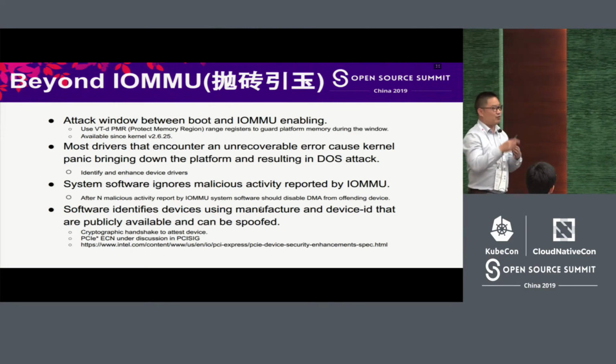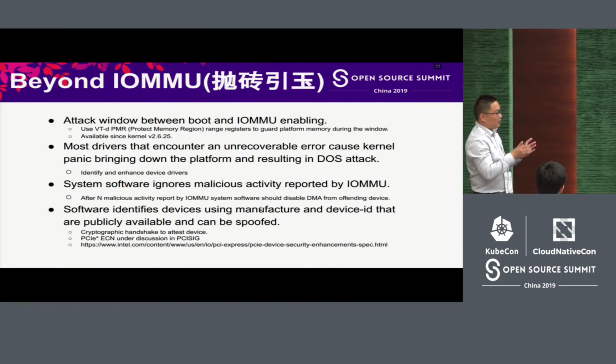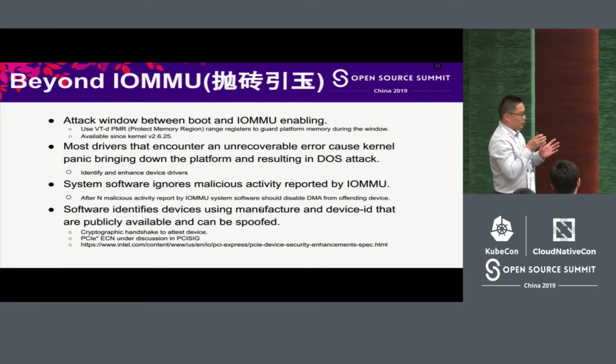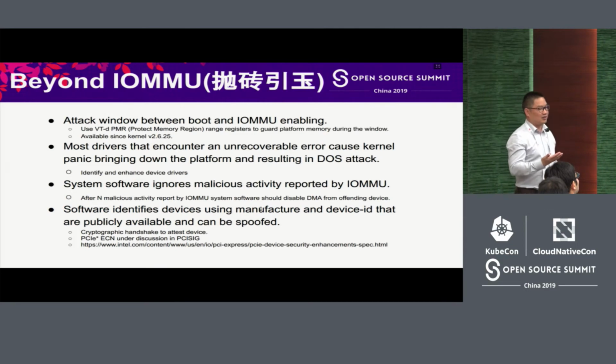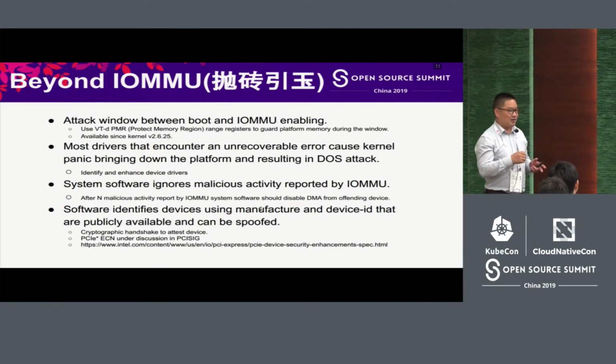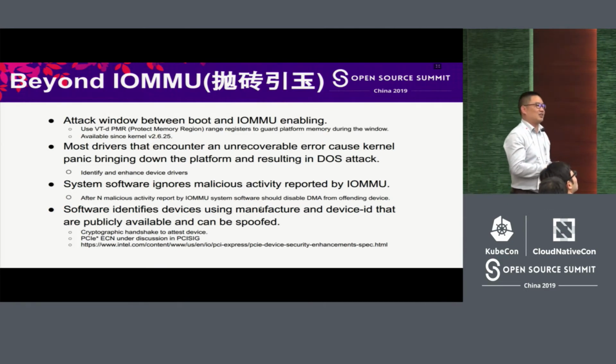Many of the drivers, when they encounter an unrecoverable error, will trigger unrecoverable errors, because they think the device is trusted. When the device acts abnormally, they think the system is broken.